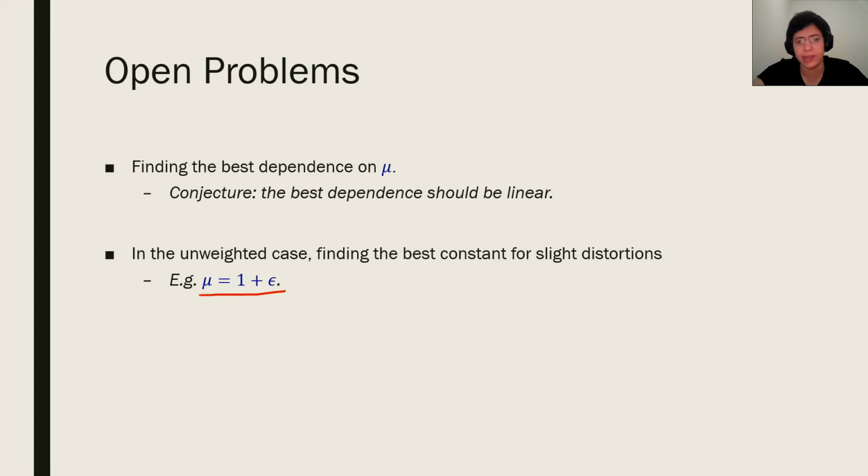So maybe when the distortion is small, we can approach 1 competitiveness. But in our paper, we show that, in fact, this is not the case. Even for a very small epsilon, a lower bound of 2 competitiveness holds. So it's interesting to find out what the best constant for this problem is.